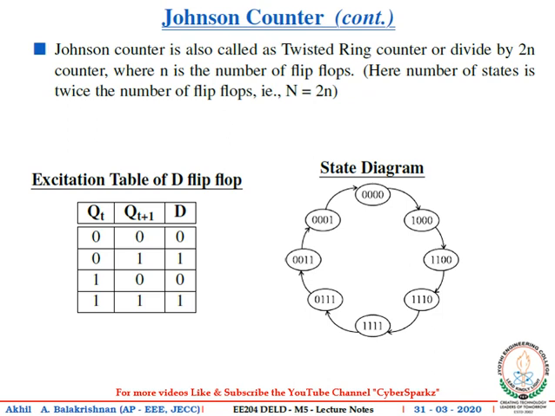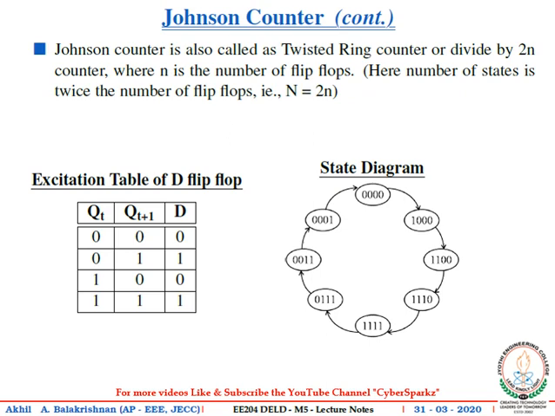On the right side, in the state diagram, you can see the starting state is 0000, that is the initial reset state. Now, the first flip-flop will be set in the first clock cycle. In the second clock cycle, the first and second flip-flops both will be set, and this will continue till all the flip-flops are set. Here, we are using 4 flip-flops, so at the end of the 4th clock pulse, all the flip-flops will be set.